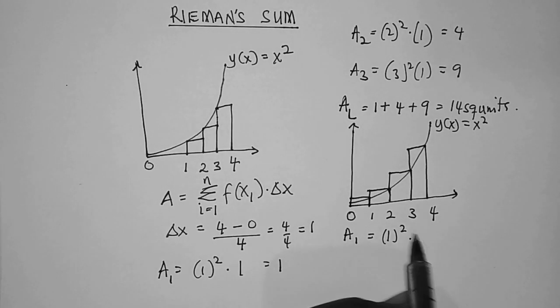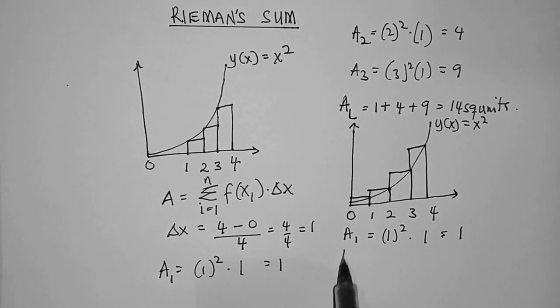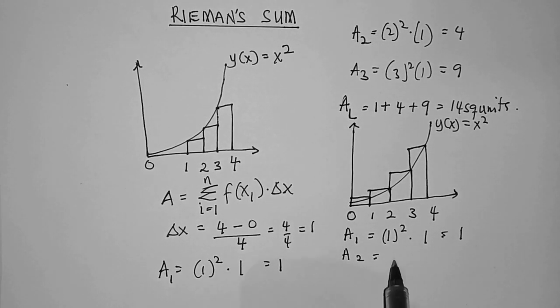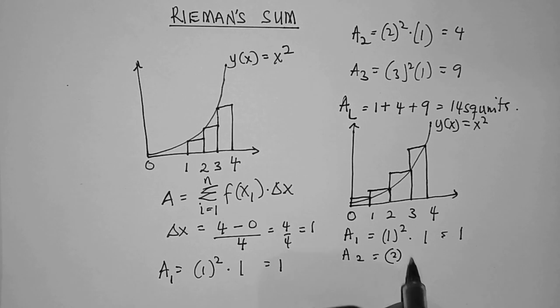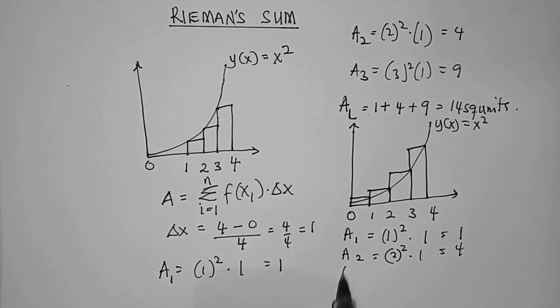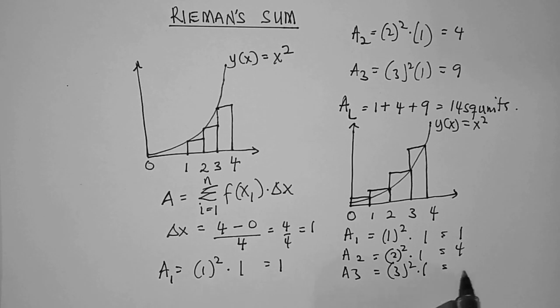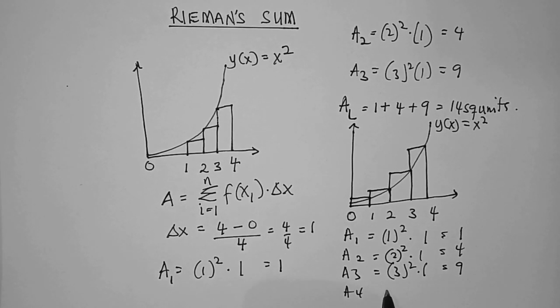So 1 squared times the width, which we already found as 1, is equal to 1. A2 is equal to 2 squared times 1. 2 squared is 4, 4 times 1 is 4. A3 is equal to 3 squared times 1, and 3 squared is 9, 9 times 1 is 9. Then A4 is equal to 4 squared. 4 squared is 16, times 1 is still 16.